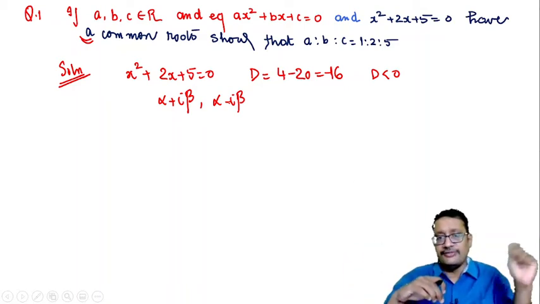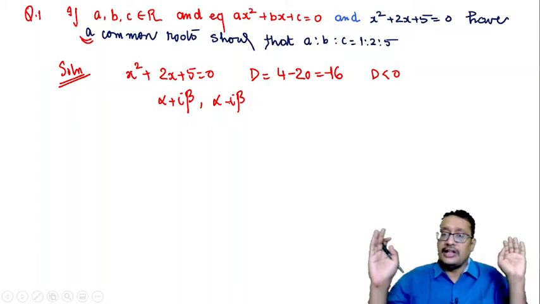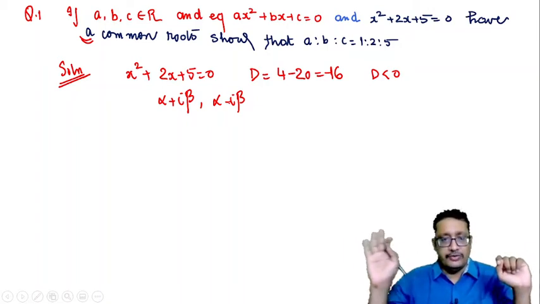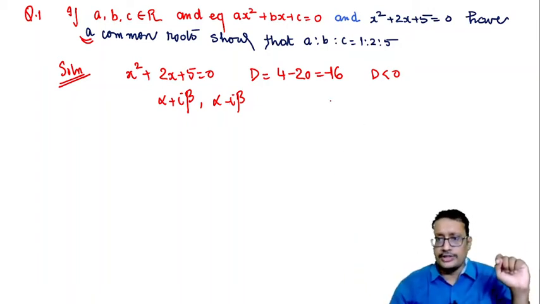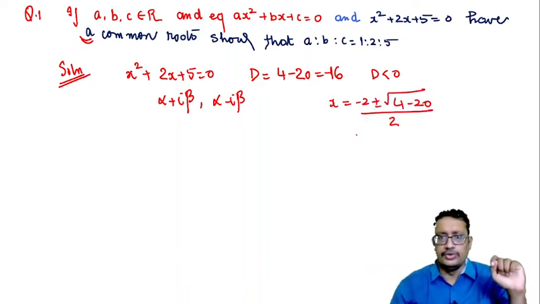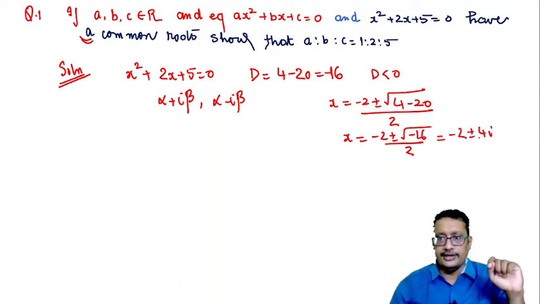It means if alpha + iβ is a root, then alpha − iβ will also be a root. If you want to calculate the roots, x = (−2 ± √(4 − 20))/2, which comes to be (−2 ± √−16)/2, (−2 ± 4i)/2, and x = −1 ± 2i.